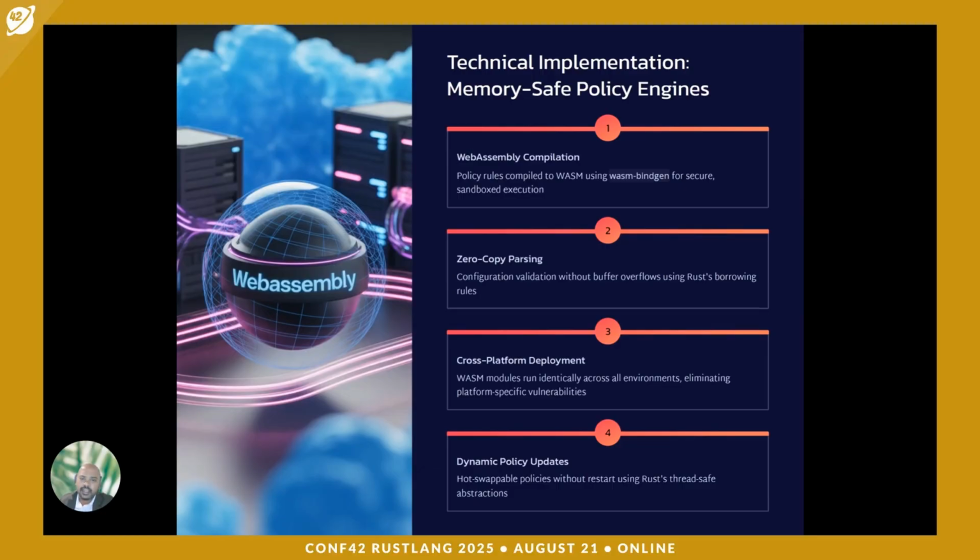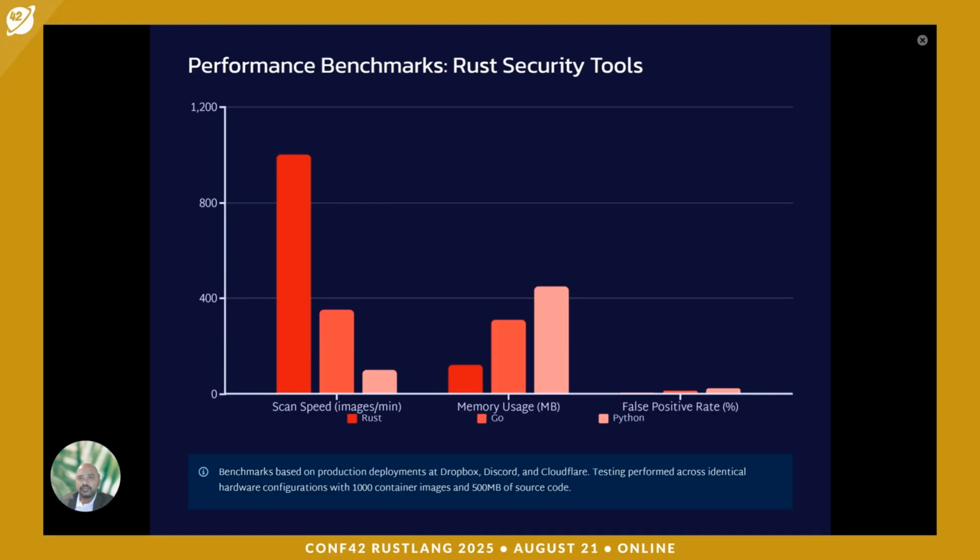We have seen the technical side. Now let's talk numbers. How much faster, safer, and more efficient are Rust-based tools compared to traditional ones? If you look at the slide here, across real deployments at Dropbox, Discord, and Cloudflare, Rust-based tools can move faster, use less memory, and produce fewer false positives than Go or Python equivalents.